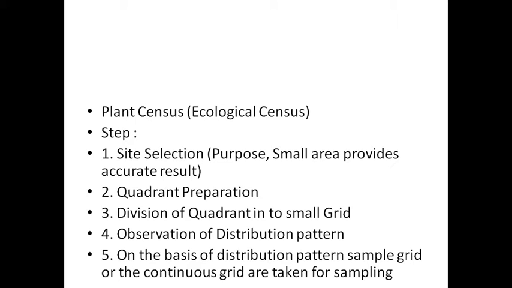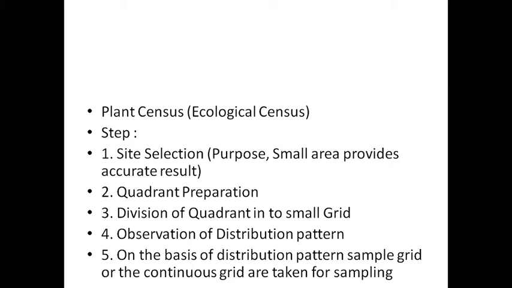Now the question is how we will prepare the plant diversity with the matrix system. Here we will discuss all these things step by step. First and foremost step is selection of the sites.